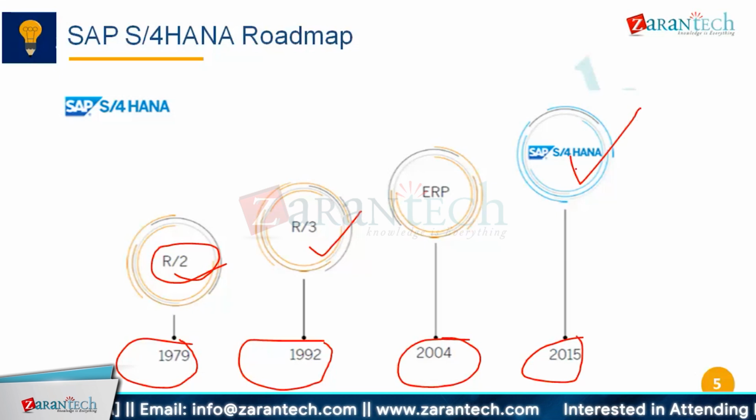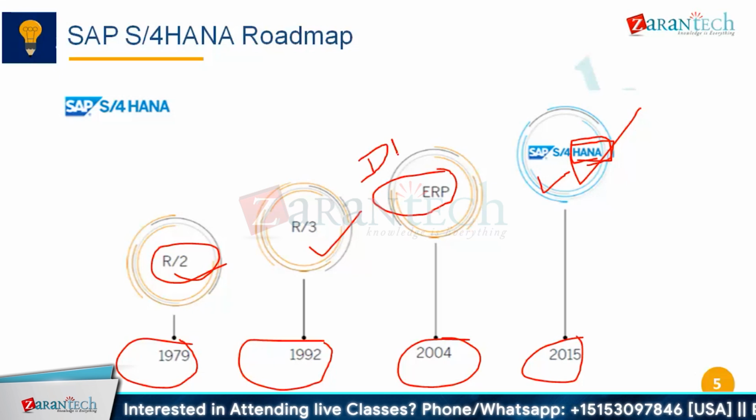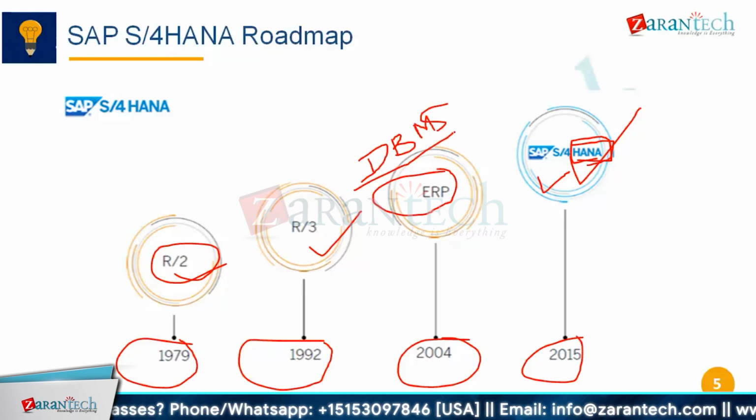What is HANA? HANA is basically a database. Earlier the ERP system used to run on a different database, called DBMS, database management system, basically the Oracle database. Now the S/4HANA system is running on the HANA database.